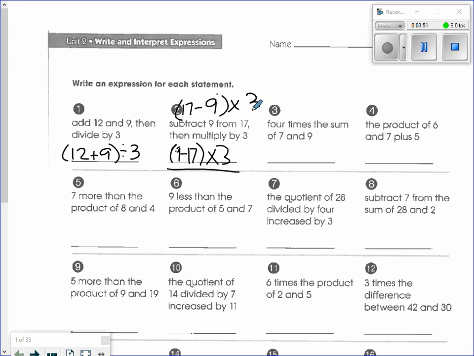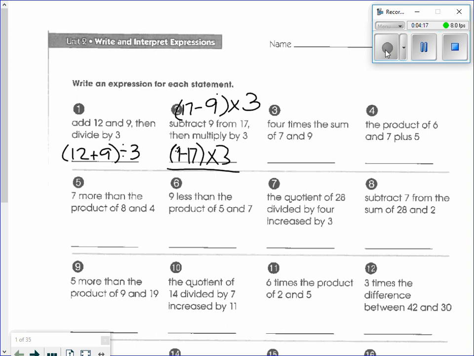Then multiply by 3. Yes, sir. I have a question. Maybe I have an answer. The times 3 can go in the back or in the front. The times 3 can go on either side. Doesn't matter where it goes.